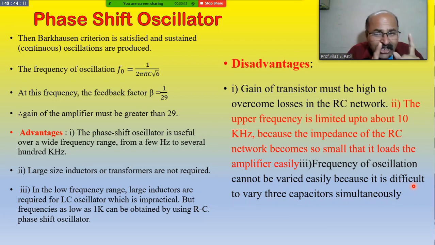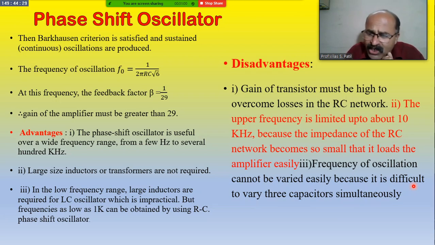But in the phase shift oscillator, we use R and C. The capacitors used here are of ceramic type, and hence bulky components like the inductance and the transformer are not used.